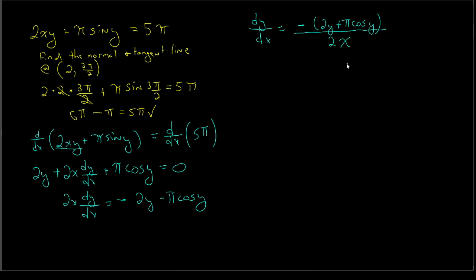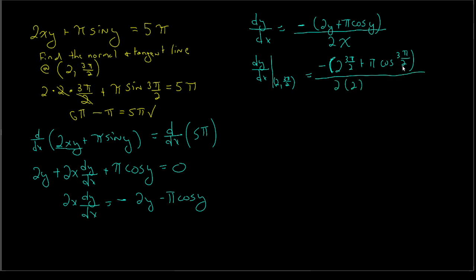And so now we want to find the normal and the tangent line, so we need to find the slope at this point. So the slope at the point (2, 3π/2) is going to be negative (2 times 3π/2 plus π cosine 3π/2) all over 2 times 2.